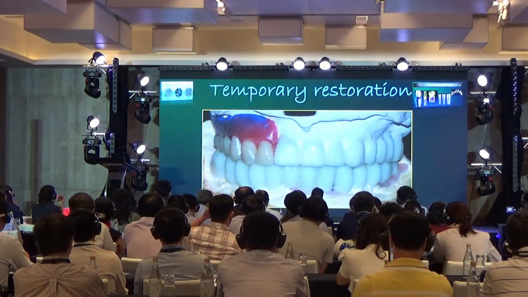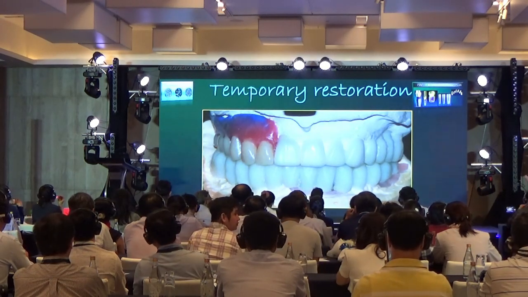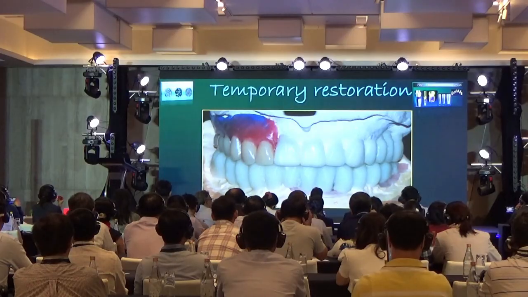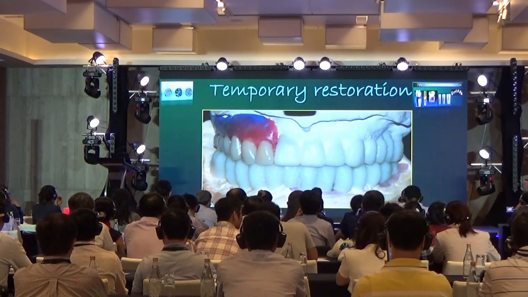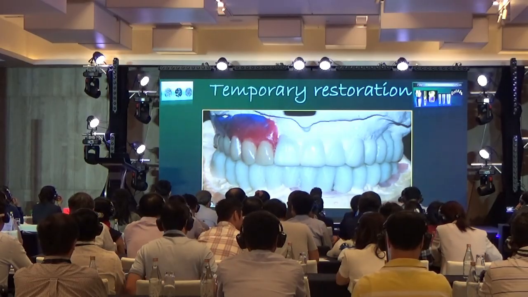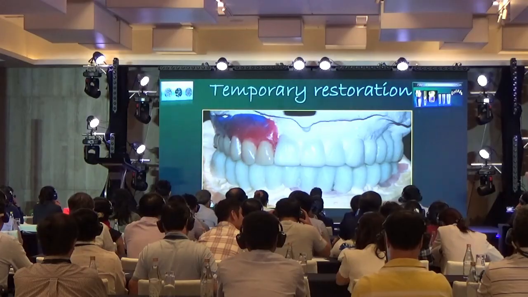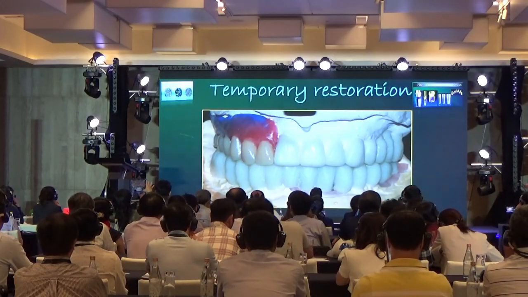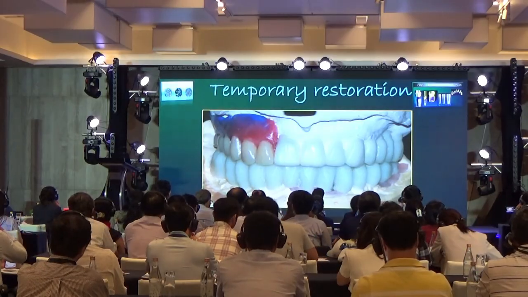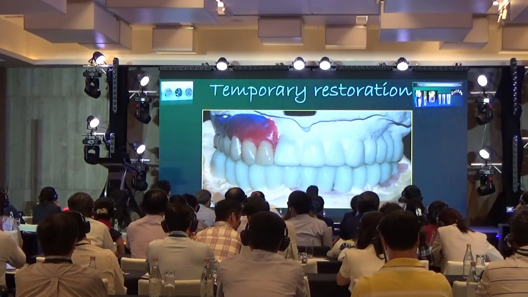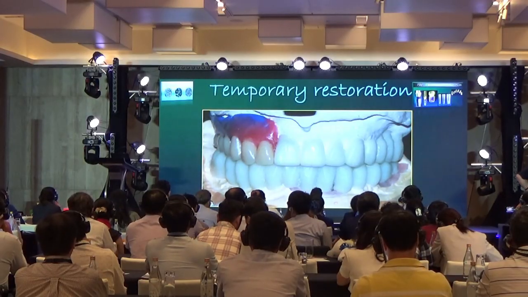And we wanted to do as much fixed restoration as possible during the temporary time. So you can see here we're planning a fixed bridge with some removable partial denture, but we don't know what will be the prognosis of it because we don't really have too many abutments in the jaw.